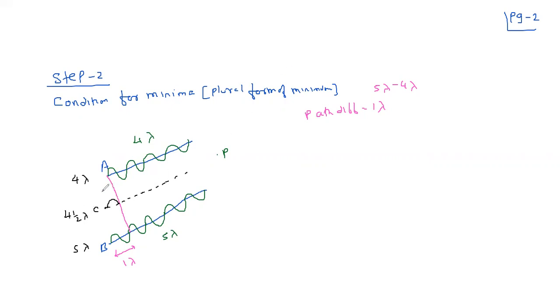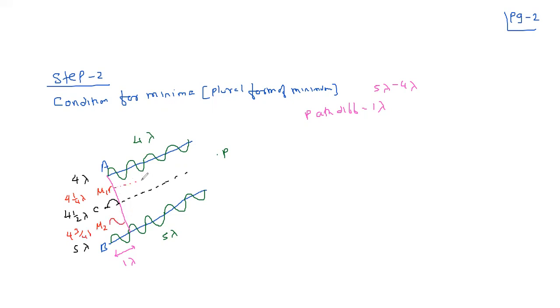And imagine the point M1. M1 is the midpoint of A and C. So this is 4 1/4 lambda. That produces only a crest. Assume M2. M2 is the midpoint of C and B. With 4 lambda, 4 1/4 lambda, 4.5 lambda, this is 4 3/4 lambda. That is the trough form.